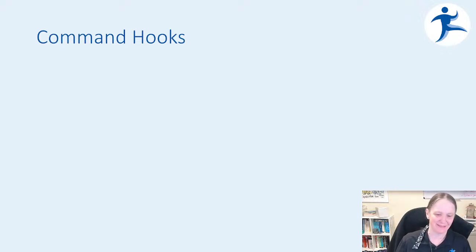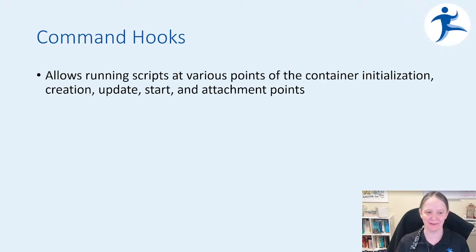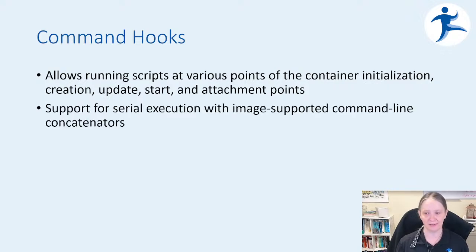All right, so next let's talk about command hooks. Command hooks allow us to run scripts at different points of the container initialization, creation, update, start, and attachment points. So think about it, that's the life cycle of your dev container. It supports serial execution with image-supported command line concatenators. Depending on your image, I use mostly Linux images, so the demos today will show Linux images.